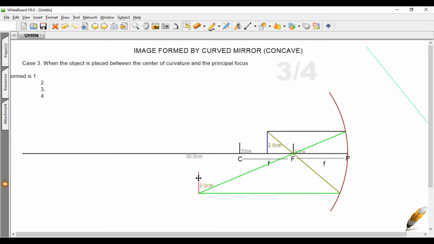So what do we do from here? Let me just make this longer. Okay. Now from what we have here, let's look at this. We have our object, which is what, 2 centimeter, and our image, which is what, 3.6 centimeter.